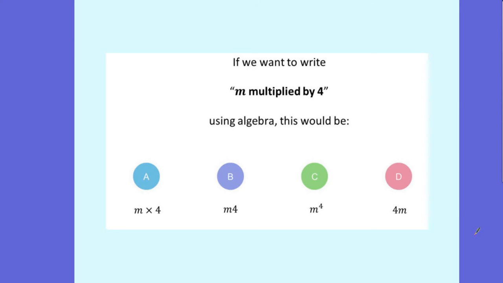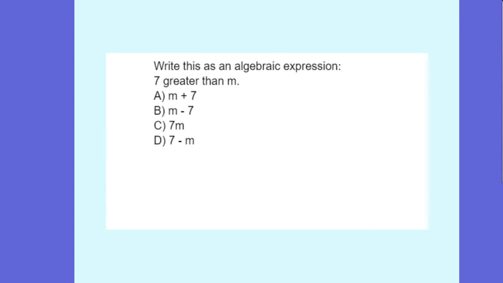Using that logic, how do you think we would write m multiplied by 4? So that one's 4 times m, which is 4m, so that one would give me D. Question number 3, write this as an algebraic expression, 7 greater than m.